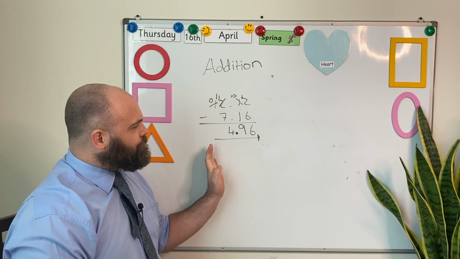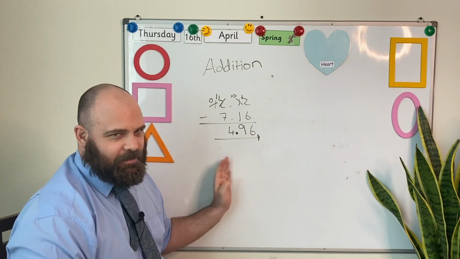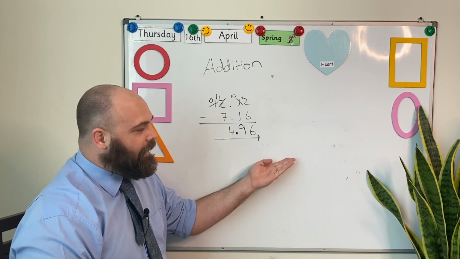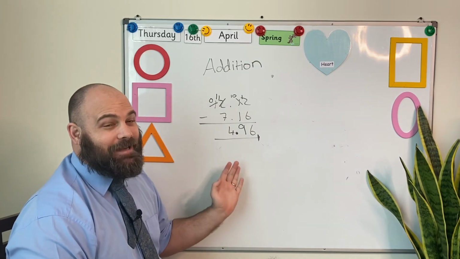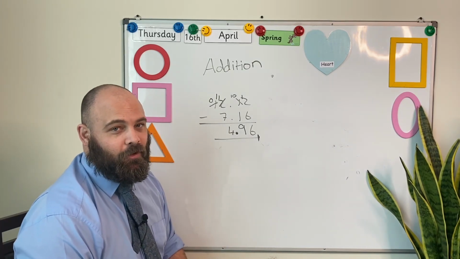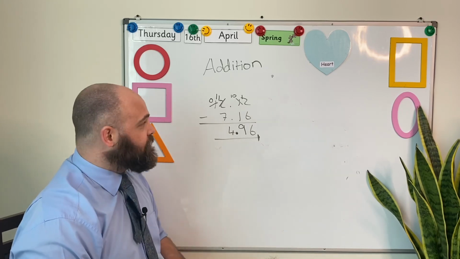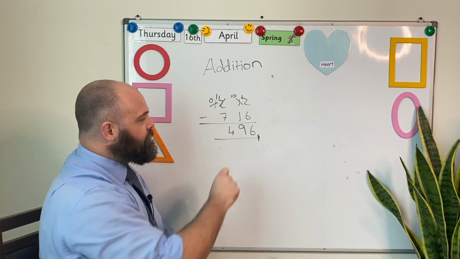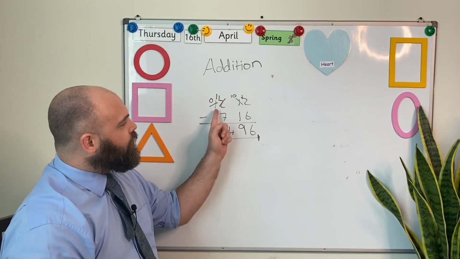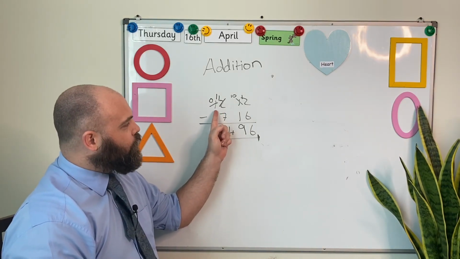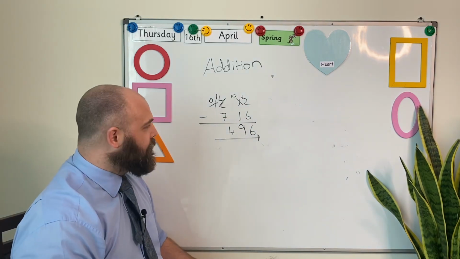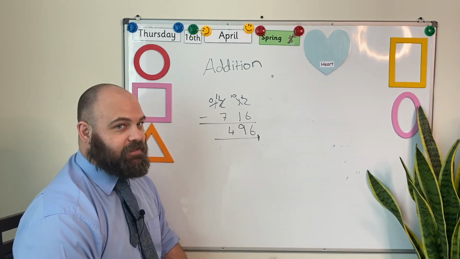4.96. Now, I know it might seem like I'm going through this quite quickly, but at the end of the day, these are all identical examples to what we were doing earlier this year. The only difference is the decimal point. Any one of you could have told me what 1212 minus 716 is, and it would give you 496.